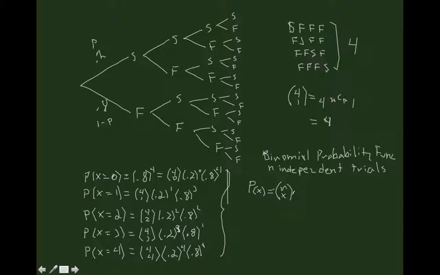So we have n choose x, that's going to count the number of combinations. P to the x, that's the probability of success raised to the number of successes for each x value.